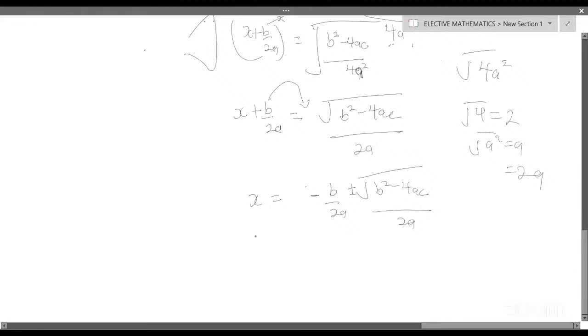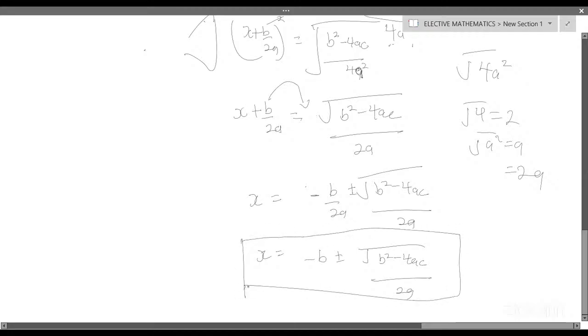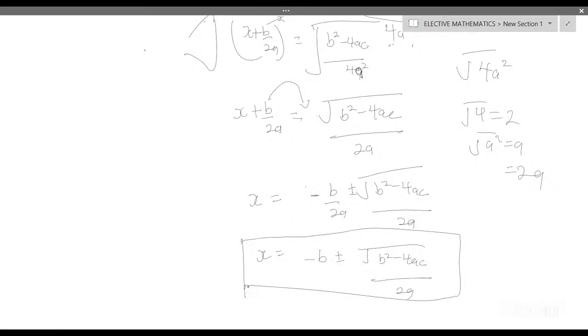So now we will have x is equal to minus b plus or minus root of b squared minus 4ac all over 2a. So this was how we got the quadratic formula. This was the method they used to get the quadratic formula. In other words, in order for you to make x the subject, this is what you have to go through.